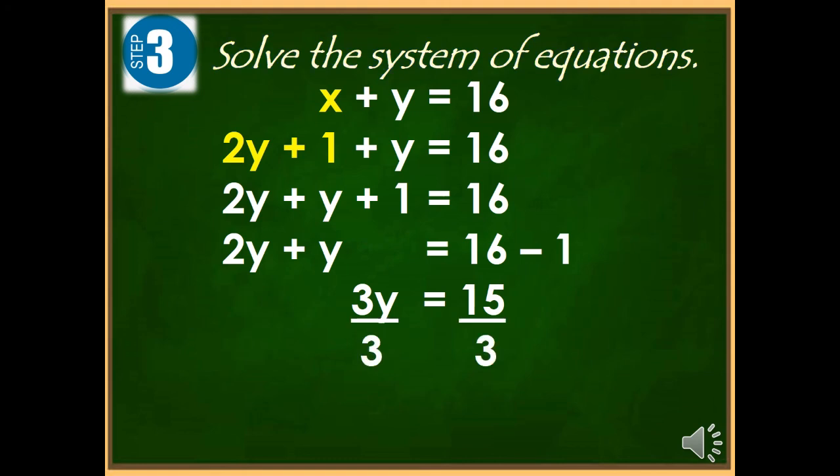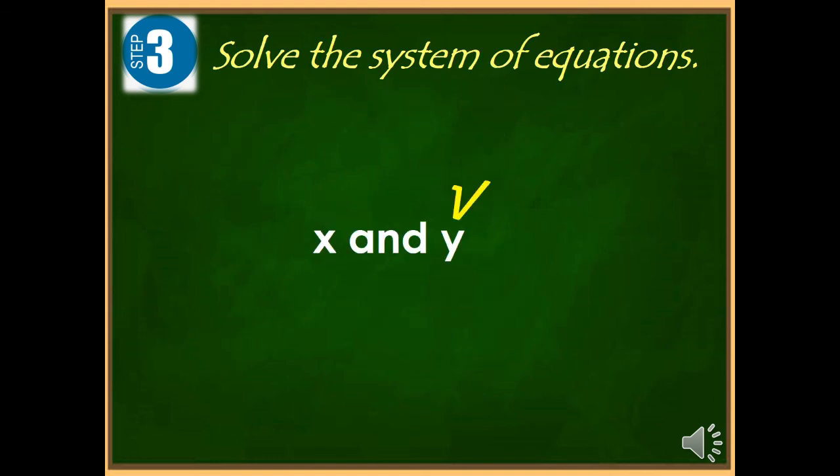So 3y divided by 3 equals 15 divided by 3. 3y divided by 3 is y, and 15 divided by 3 is 5. Again, the value of y is 5. We're done solving for y.